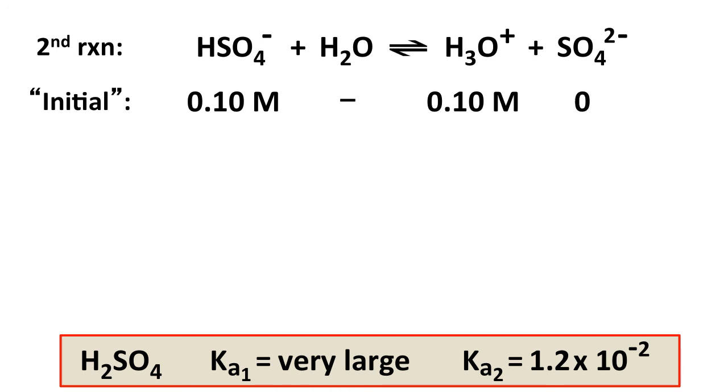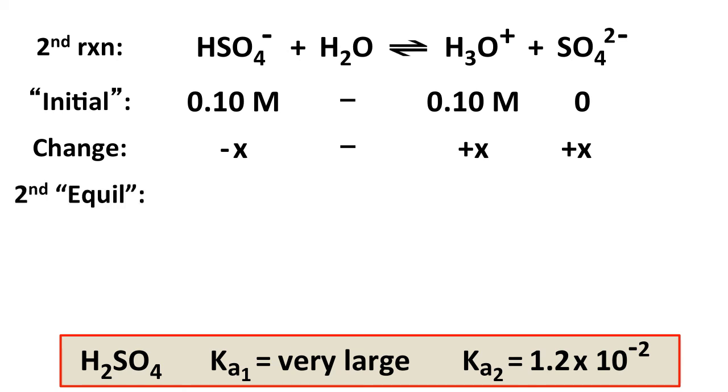And then we are treating this as if it hasn't dissociated the second time yet, so our starting amount of SO4 2 minus is 0, and then because the SO4 2 minus concentration is 0, the reaction has to go to the right, so minus X, plus X, and plus X.